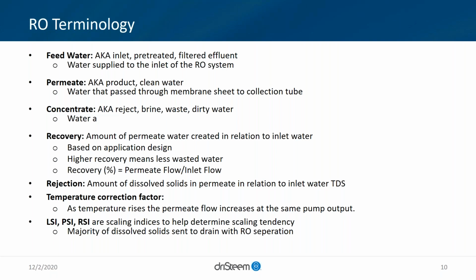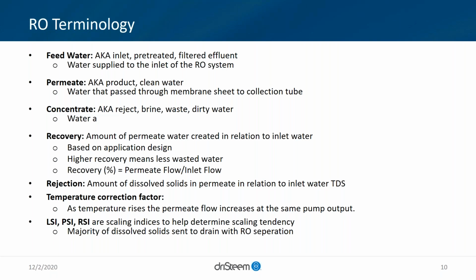The biggest takeaway is, the higher the recovery, the more water you're using as clean water versus going down the drain directly. A slight difference is the rejection. How much of the solids are being rejected from the water? I previously mentioned 98% is the standard membrane that we use to reject TDS.